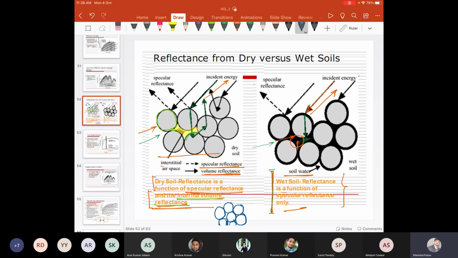So in that case, the particles are closely packed. Then from the closely packed soil, due to the small diameter, can you expect a high value of reflectance or a low value of reflectance?